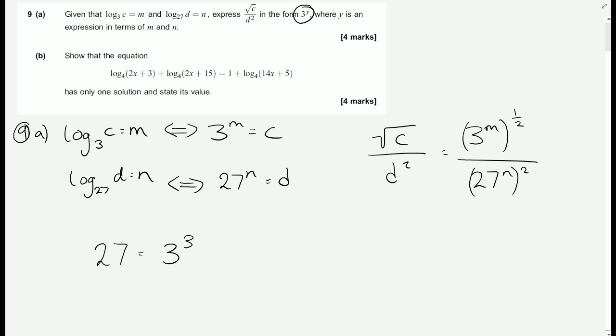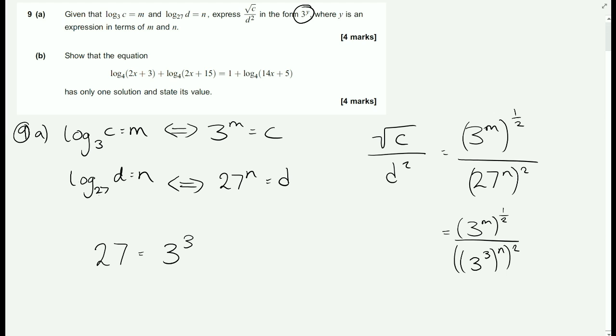So we're going to use that fact to write the denominator of this fraction as 3 cubed. So then they're both with the same base. So I've got 3 to the m to the half over, now I'm going to replace my 27 with 3 cubed. That's put to the power of n, which is then squared.